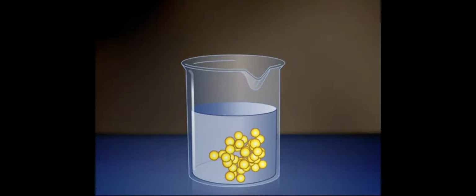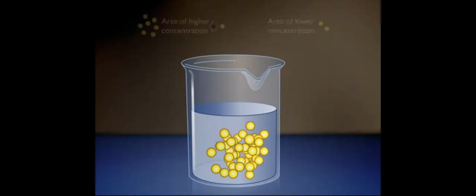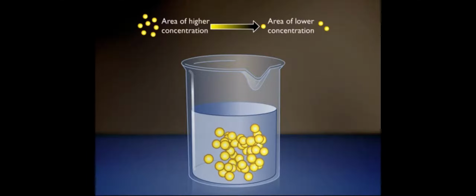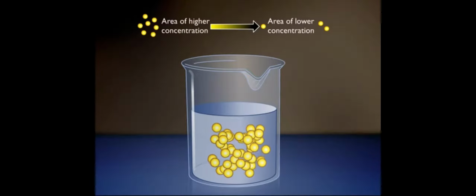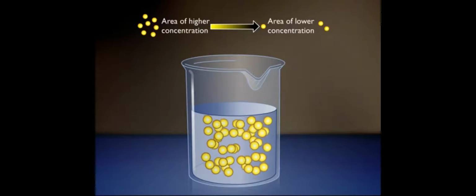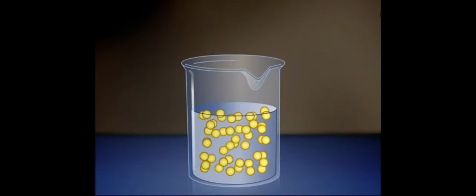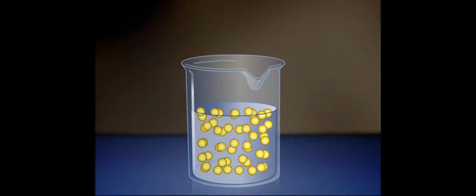So due to this concentration difference, the sugar molecules move from the higher concentration side to the lower concentration side, and molecular diffusion happens. So this is called mass transfer. The mass transfer continues until the steady state is reached.